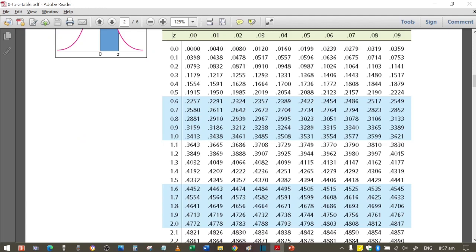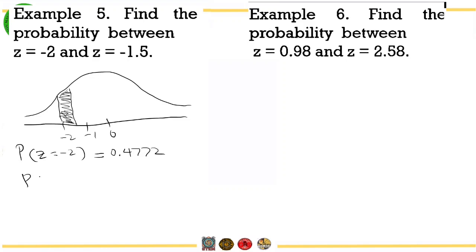In the z value table, 2 is 0.4772 and z is equal to negative 1.5 is 0.4332. So let's have the notation of the probability between z is equal to negative 2 and z is equal to negative 1.5. So P is negative 2 less than z less than negative 1.5.